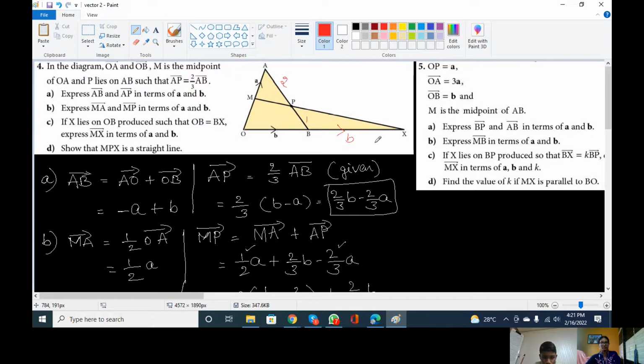We need to find MX. How can we find this MX? M to X: MO, OB and BX. So MX is equal to MO plus OB plus BX.